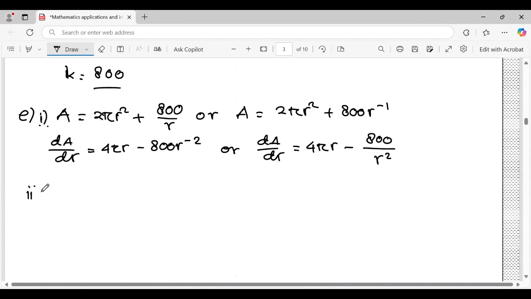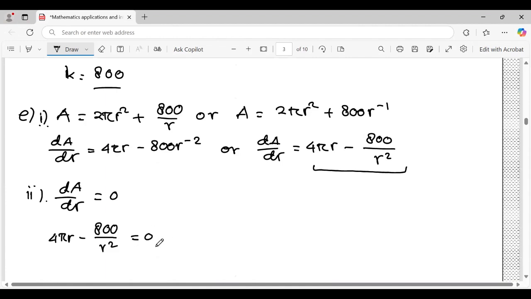So this is dA/dR, part 1. Part 2, we need to set dA/dR equal to 0. If dA/dR equals 0, I would like to write this expression equal to 0: 4 pi R minus 800 over R squared equals 0. And after that, multiply the right hand side by R squared and the left hand side by R squared.